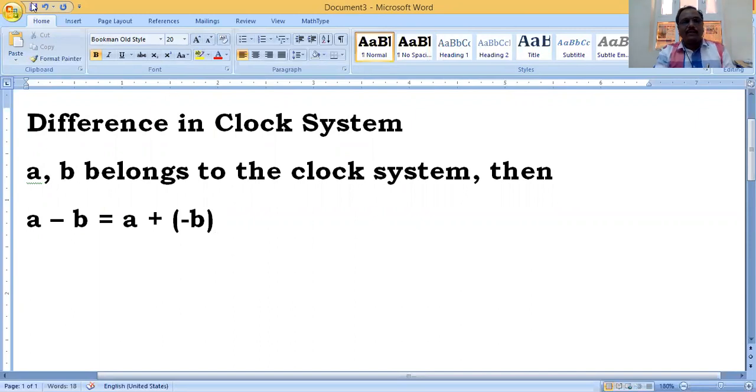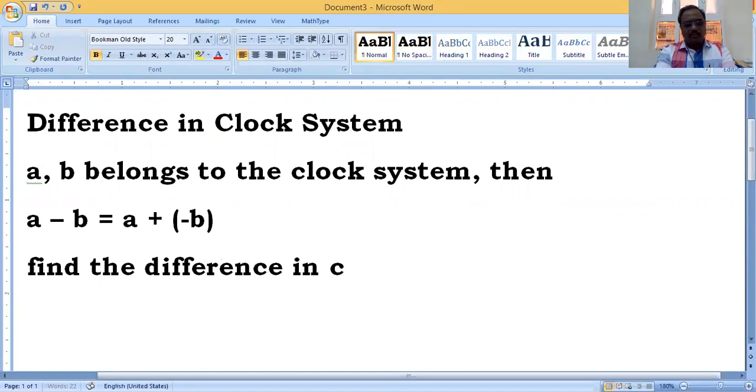We are going to work on some problems. Let me take a sample problem: the difference in the clock system.